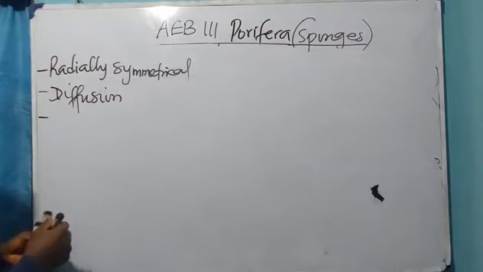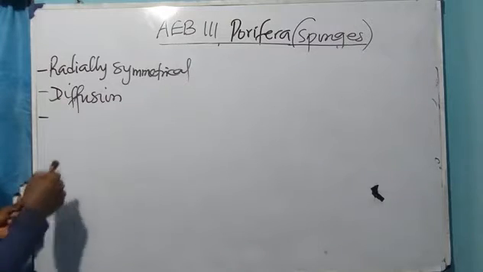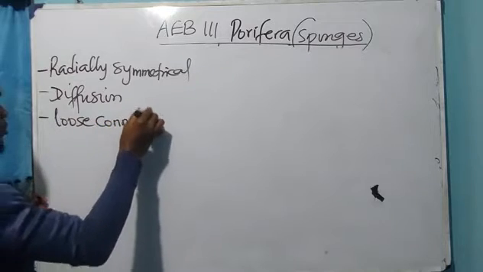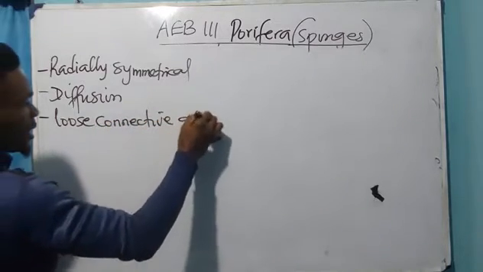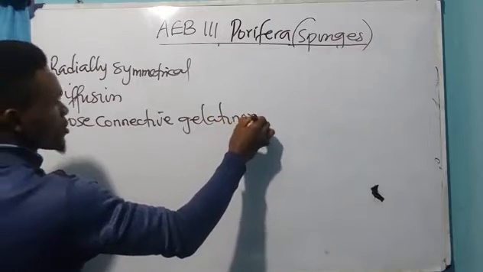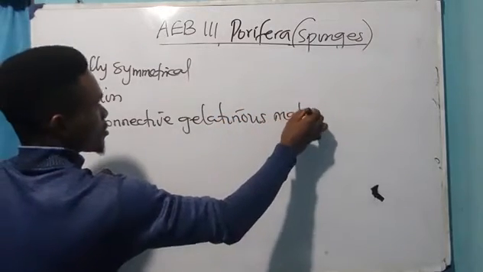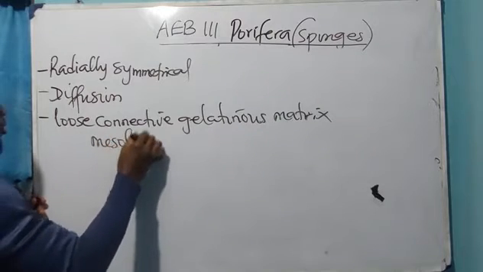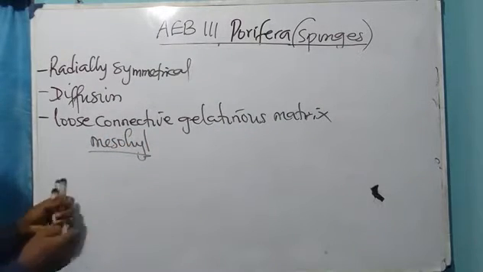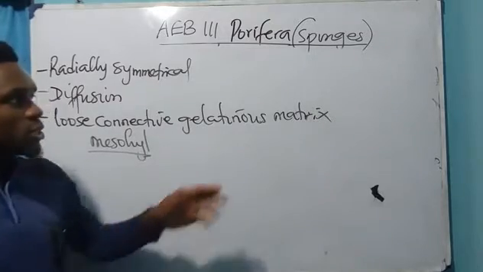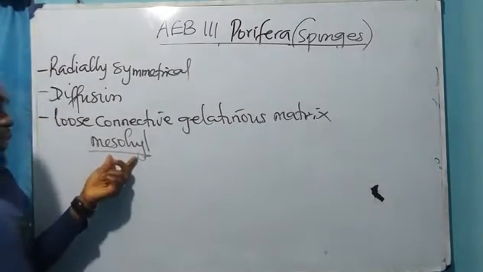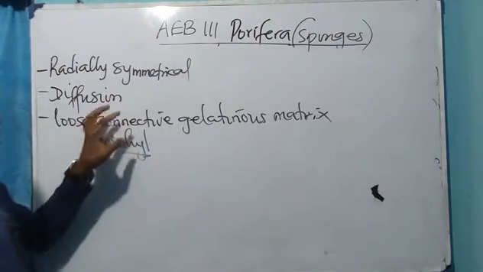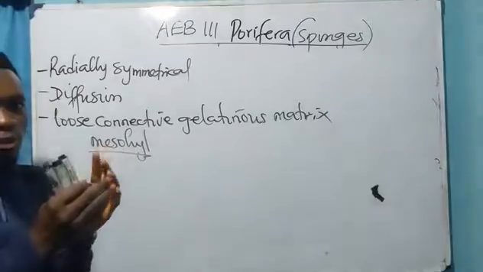Now, the sponges are actually made up of a type of loose connective tissue, a gelatinous matrix called mesohyl. The connective tissue found in sponges is called mesohyl, and it is a loose connective tissue, which means that the tissues in these organisms are not dense.